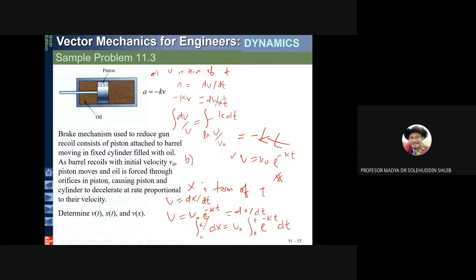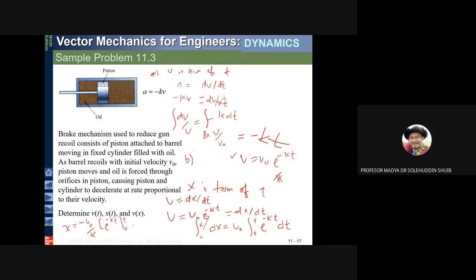We integrate this one, so we get x equal to minus v dot over k, and then you multiply by e to the power of minus kt, and then you solve the limit from 0 to t.